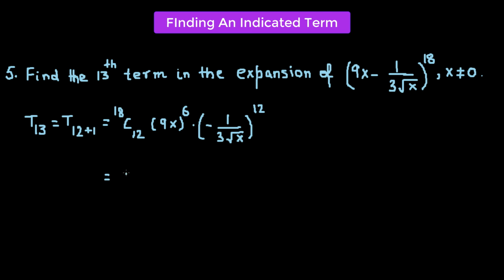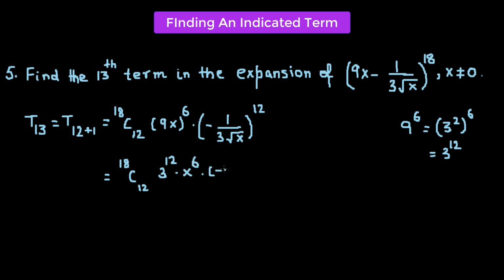This is equal to 18c12. So 9 raised to the power of 6: 9 is 3 squared, raised to the power of 6. So this is simply 2 times 6 is 12. So we get 3 raised to the power of 12 times x raised to the power of 6.